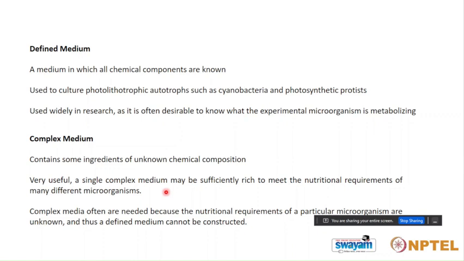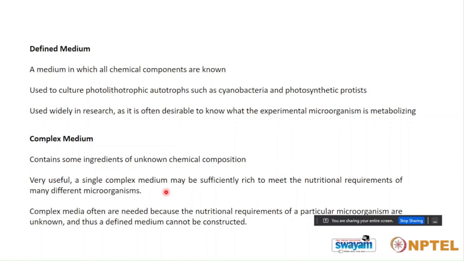In the case of defined medium, we'll be adding the chemicals and we'll know the composition of each and every chemical. So mostly only if we know about a particular microorganism and how it is metabolizing, we'll use defined medium.